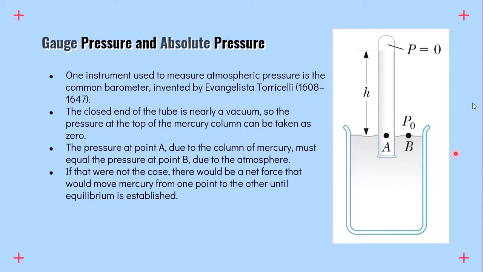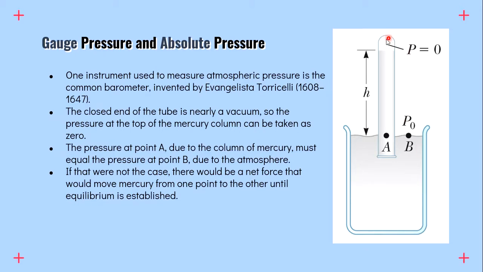So this is the picture, and this figure is the schematic diagram of a common barometer. As you can see, this is a common container of liquid. Then there is a tube that is submerged partially, and this tube contains this liquid also.